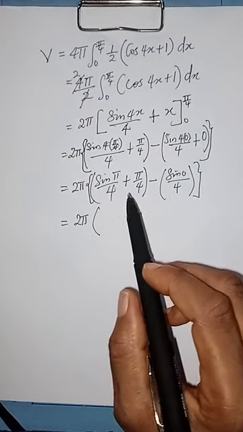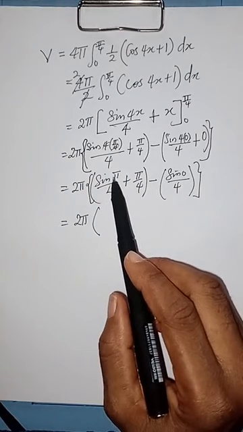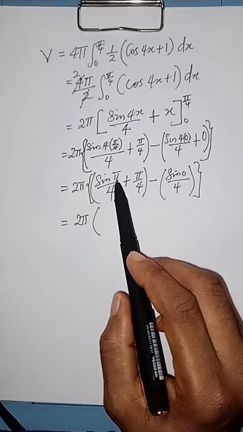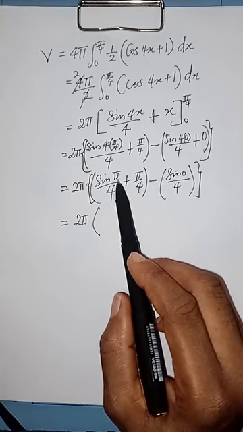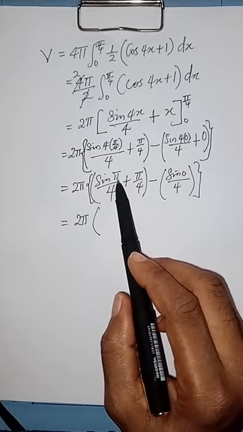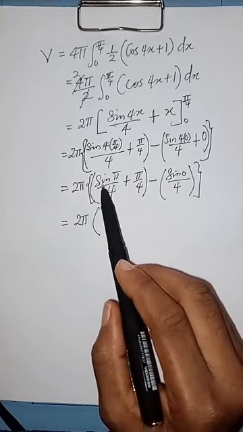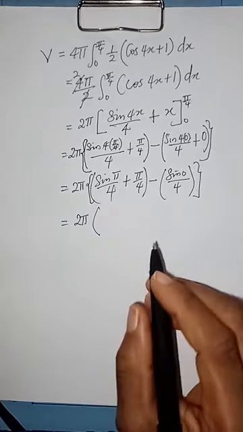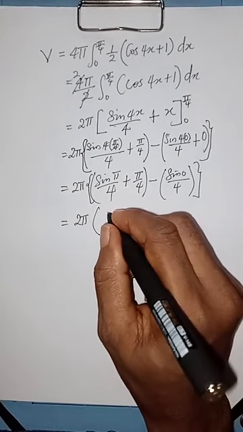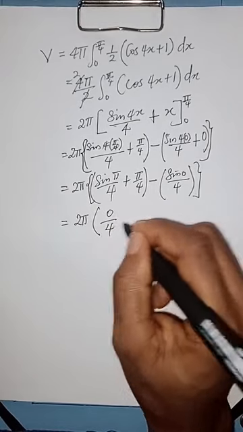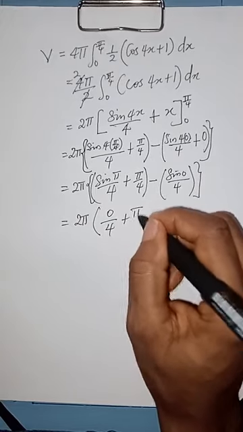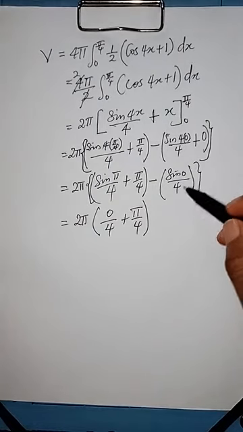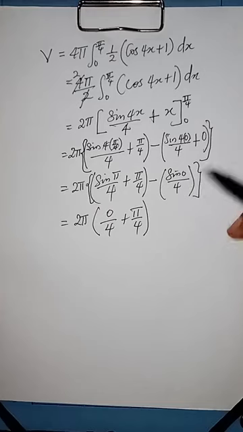So here, pi is in radian, and in radian pi is 180 degrees. So sine 180 degrees is 0. So it becomes 0 divided by 4 plus pi. Sine 0 is 0, 0 divided by 4 is 0, so it's gone.